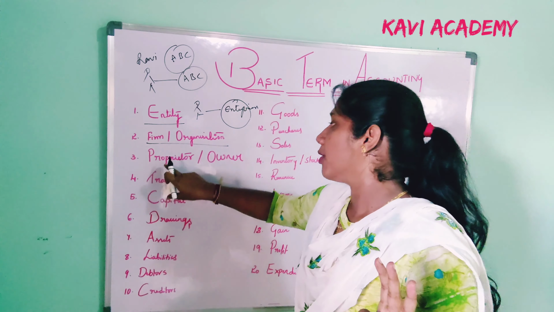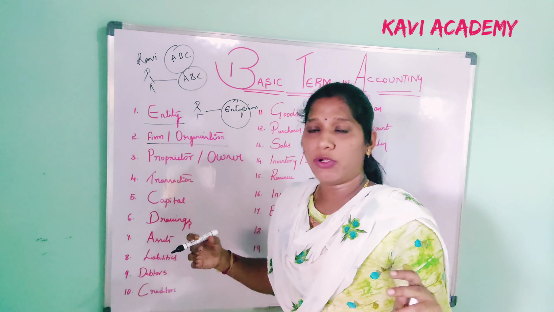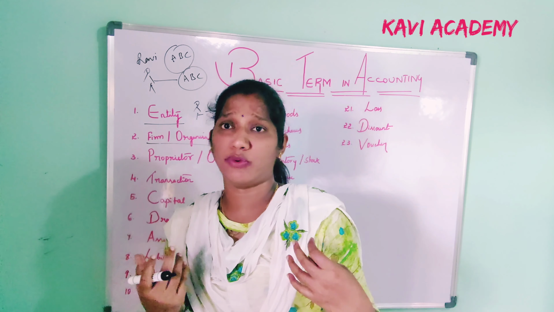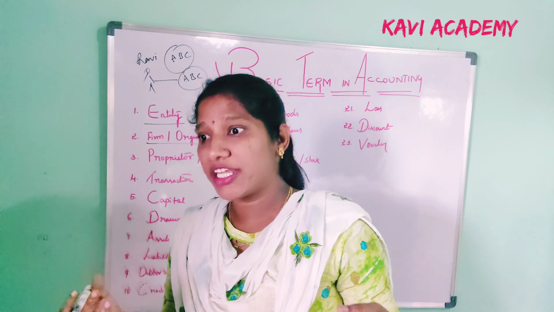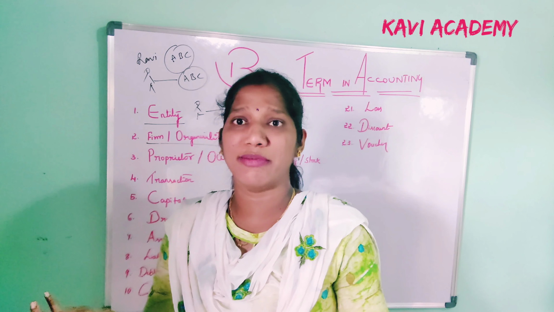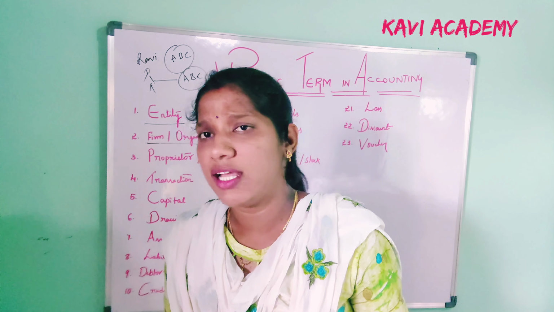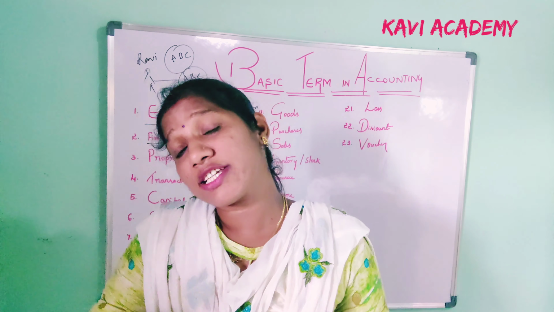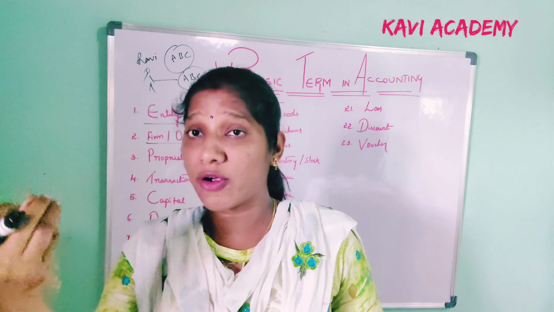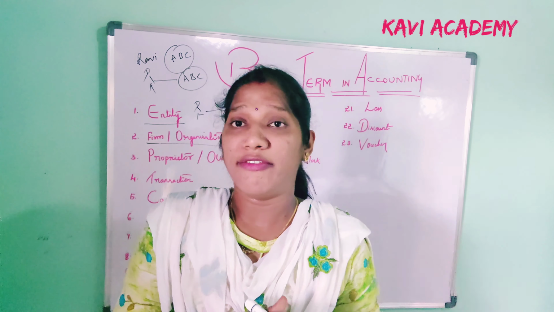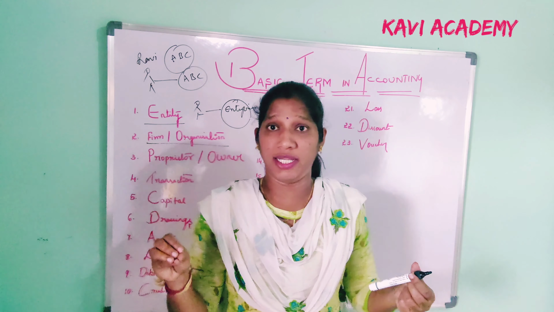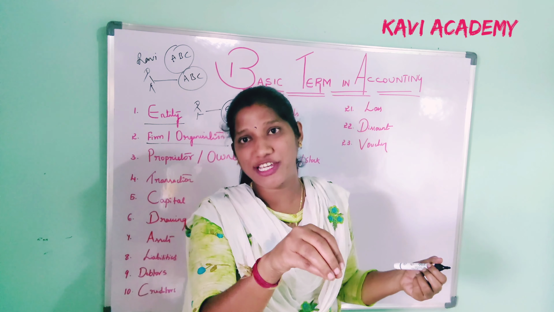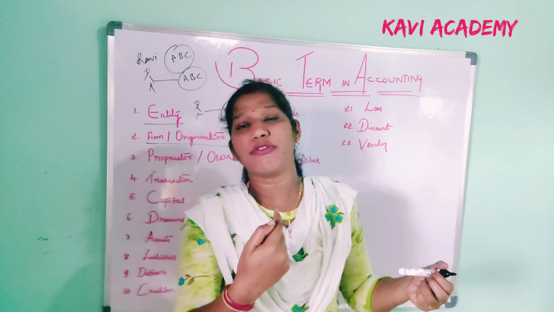Now come to proprietor or owner. Can anybody call me an owner? Absolutely not, because I did not invest anything in my business. Where is my business and where did I invest my capital? Nobody can call me an owner. In which situation can I be called an owner? When I take money from my pocket and invest it in a business, everyone calls me an owner.